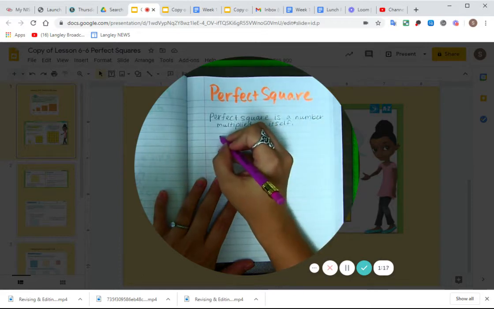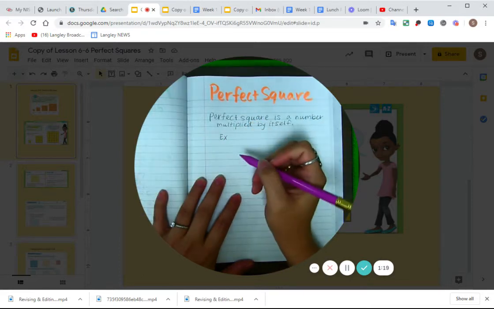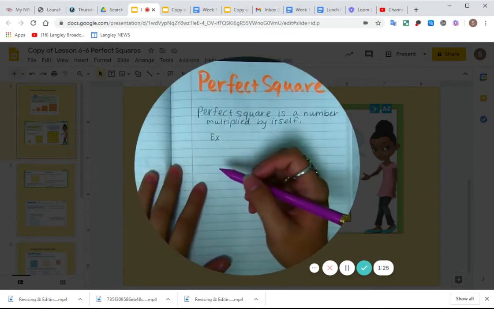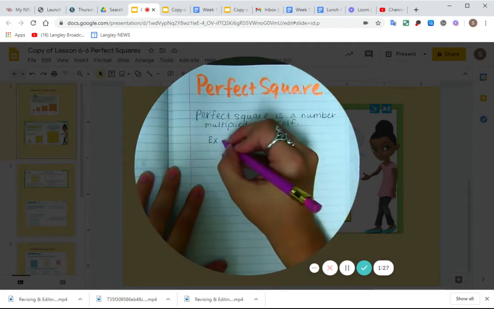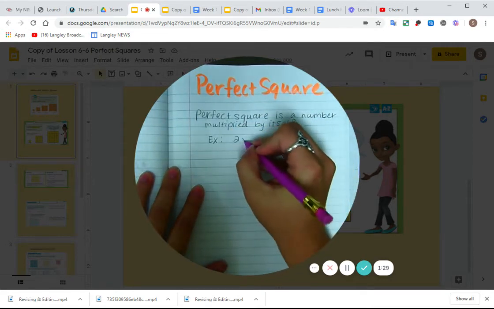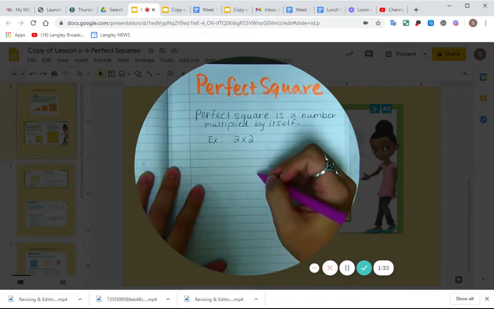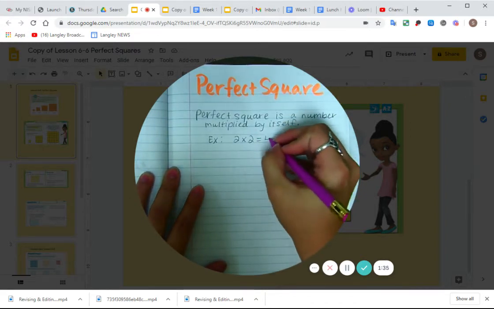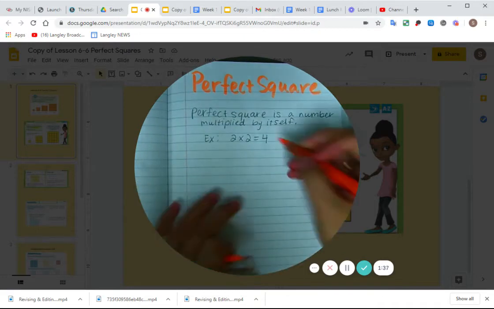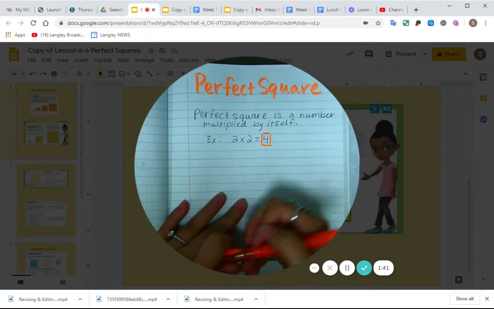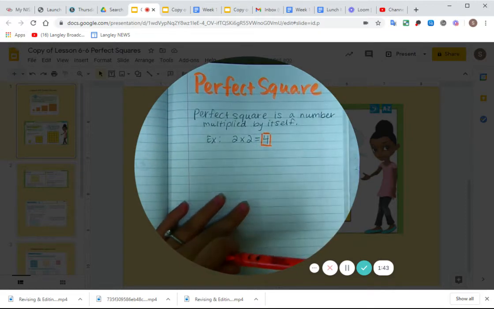So an example would be like for our times tables, we have times tables that are called doubles, right? So here is an easy example, 2 times 2. What does that equal? We should know that one, right? 2 times 2 equals 4. So the product 4 right here, the answer of 4 is a perfect square.